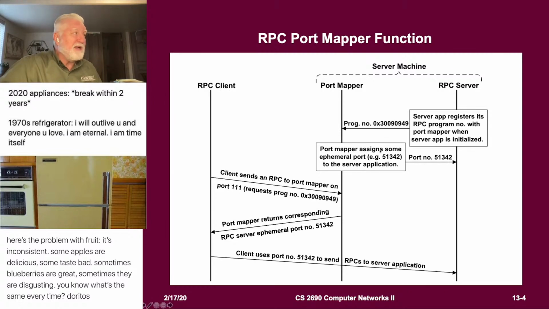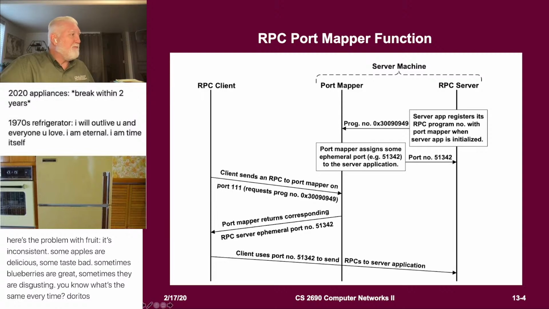That's all it's doing: there has to be a mapping function between the program, which is program number 30090949, and a port. It's called an ephemeral port, which is an actual term, believe it or not. It really just means a short-lived port, a port that doesn't persist, okay?